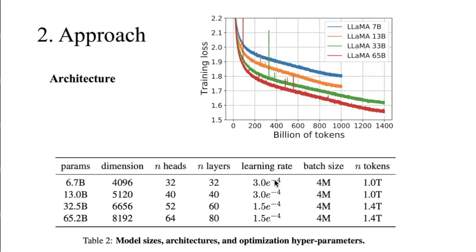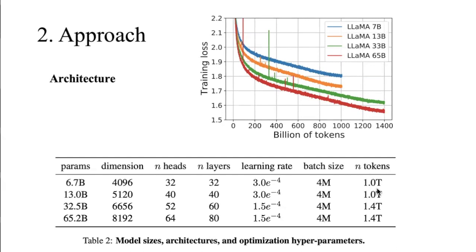For the learning rate, they use a small learning rate with a really large batch size of 4 million, which is a pretty big batch size in their pre-training process. And n tokens is how many tokens are seen in the full pre-training process.